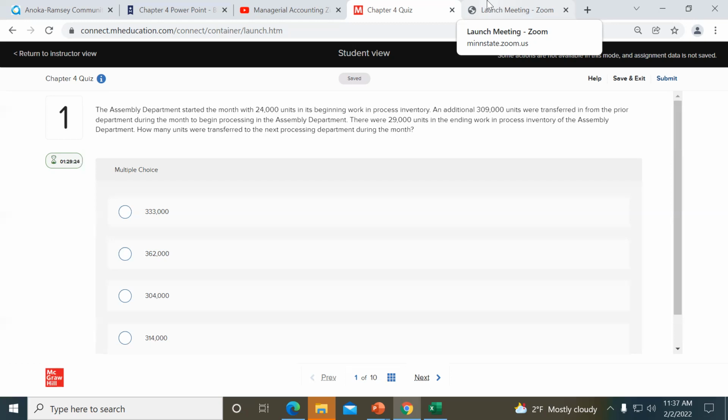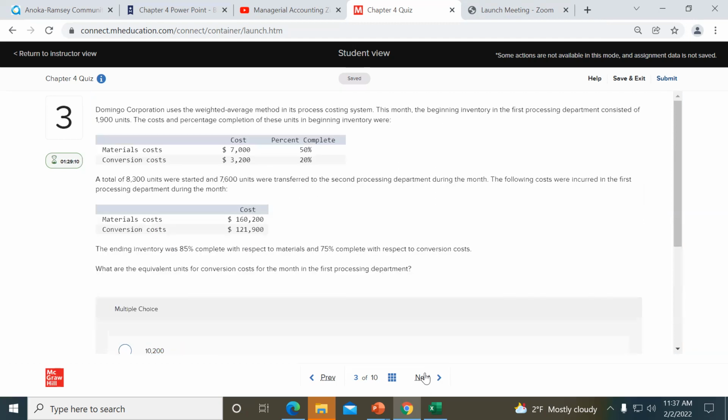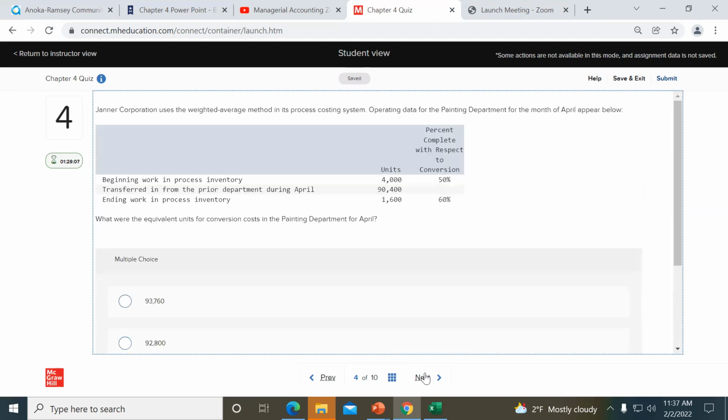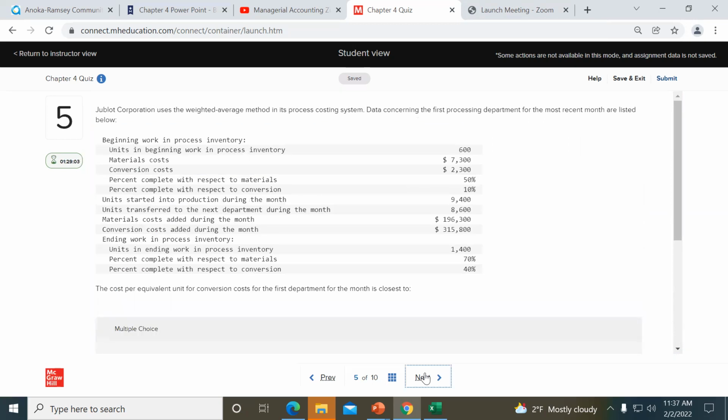Okay. So it's just asking you, what would you debit when you transfer out from the molding department? Equivalent units. The cost of equivalent units. The cost of ending work in process.